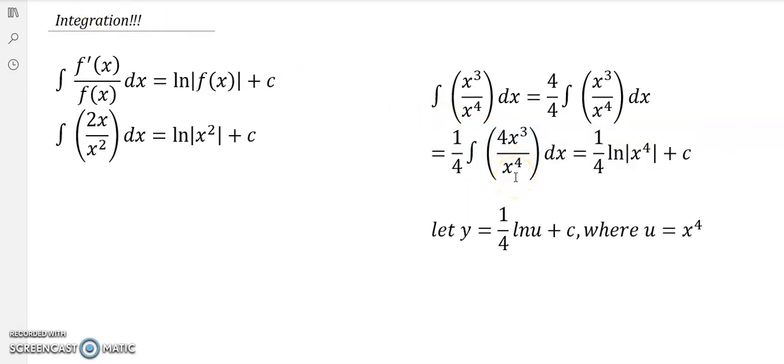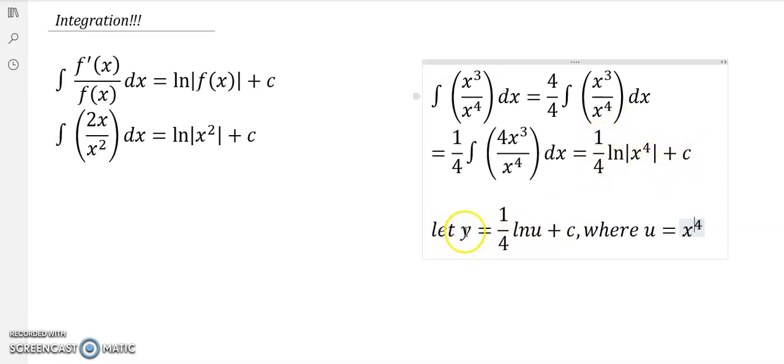To check whether what we did is correct or not, if we derive this, we should get x to the power 3 over x to the power 4. Okay, let's quickly derive this one. Guys, here I didn't change anything.